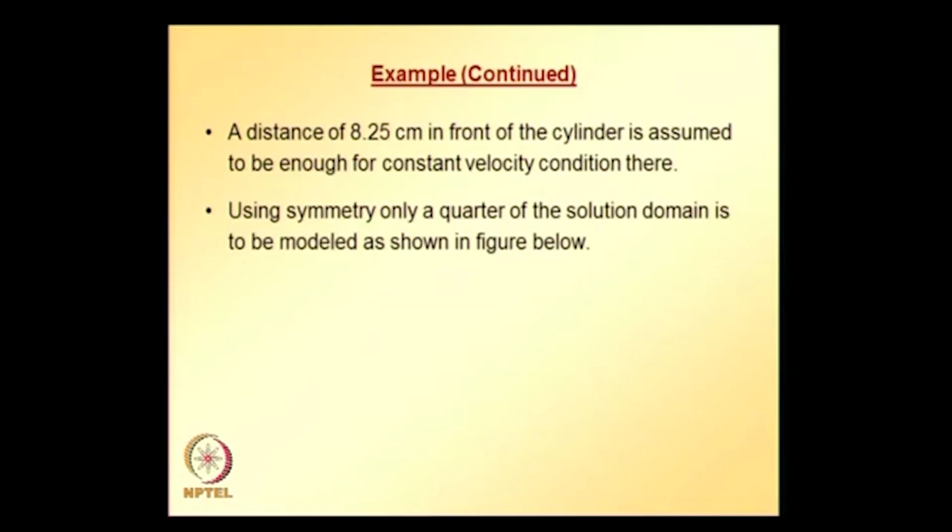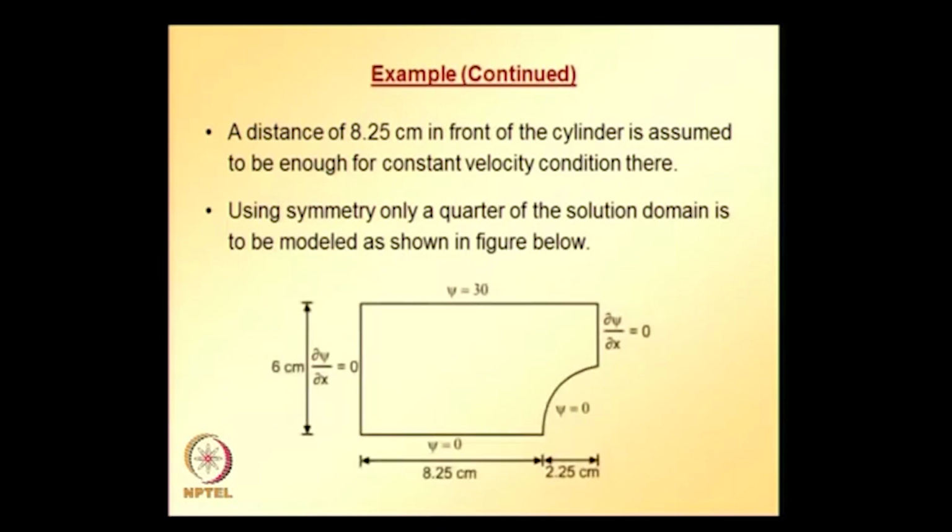Using symmetry, only a quarter of the solution domain is to be modeled, and the quarter model is shown, along with all the boundary conditions. Since Vy is equal to 0, the partial derivative of the stream function with respect to x is equal to 0 on the extreme left edge.